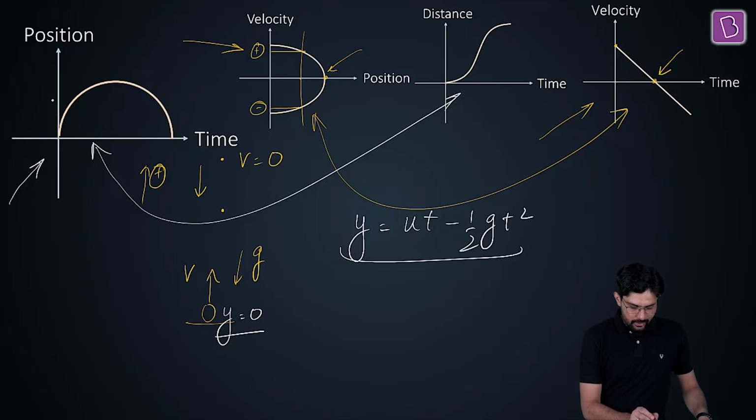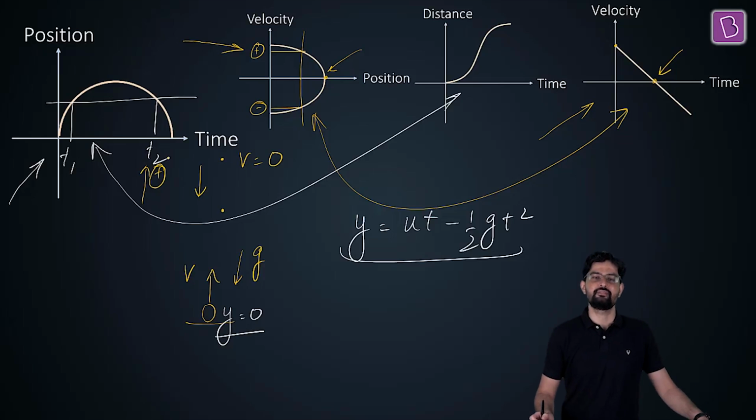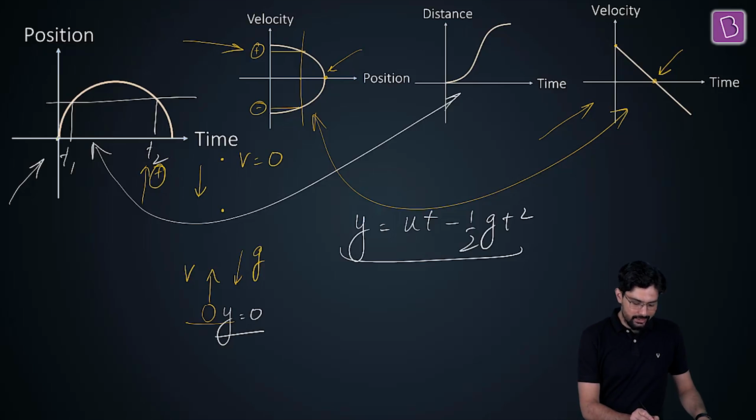Well, the same position is reached at two instants. One while going up and the other while coming down, right? And at t equal to 0, the particle is at the origin. And when it is again at the origin, then the time is this.